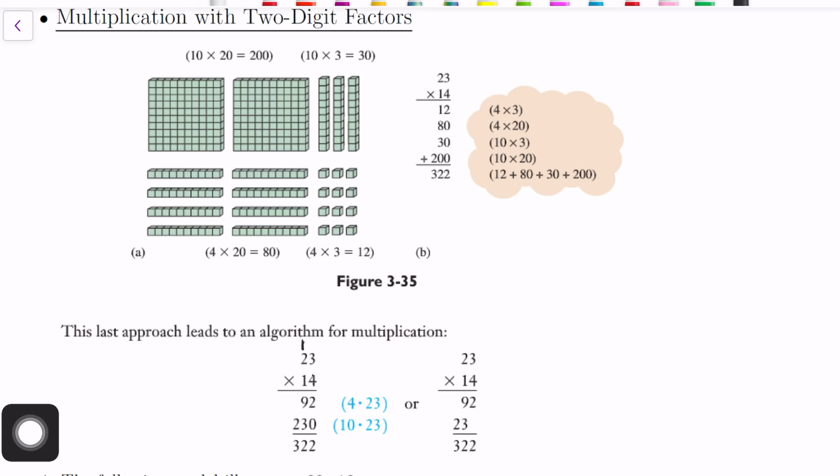That's going to give me 8 longs, and then plus 1 long I had, so that's going to give me 92. So basically 23 was multiplied by 4 and combined it gave me 92. Okay, so 4 times 3 was 12, which means 2 units and 1 long. 4 times 2 is 8 longs, plus the 1 I carried over, that's 9 longs, so 92.